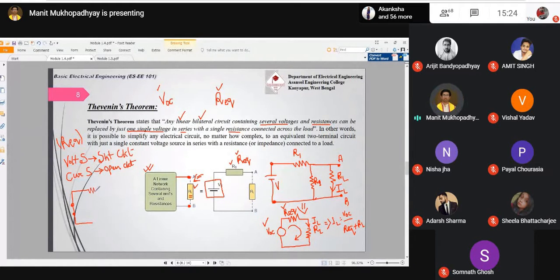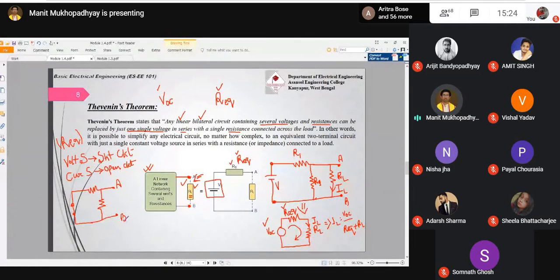Now R1 is drawn here, R2 is drawn here, correct? And here is our open circuit, because how can we do the open circuit? We will remove the RL. So this is our A point, this is our B point.